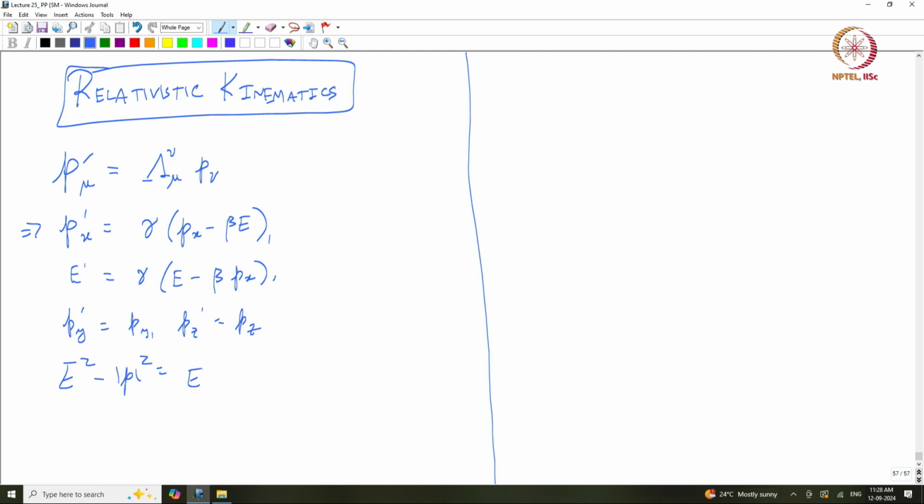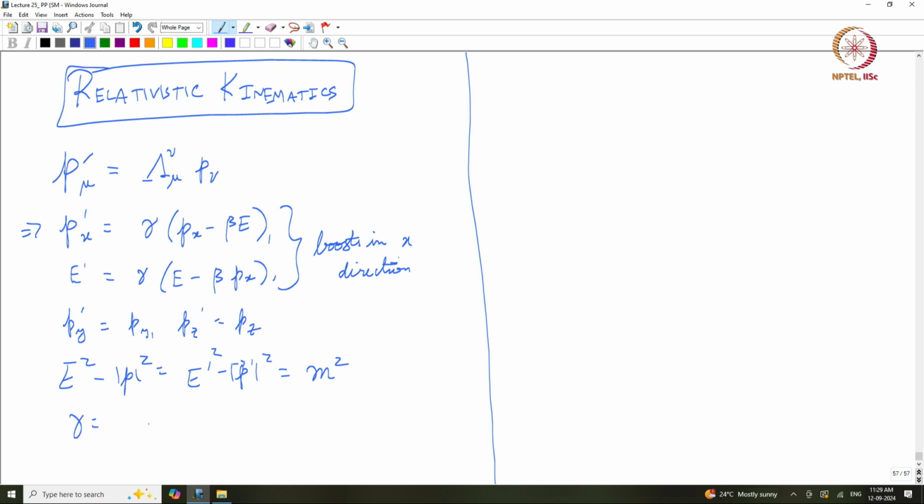And finally, in any frame there is an invariant quantity. What is it? This, what is this quantity? It is like the space time interval, except this is now called invariant mass when it comes to dynamics, correct. So, these are boosts in the x direction, and what is gamma?